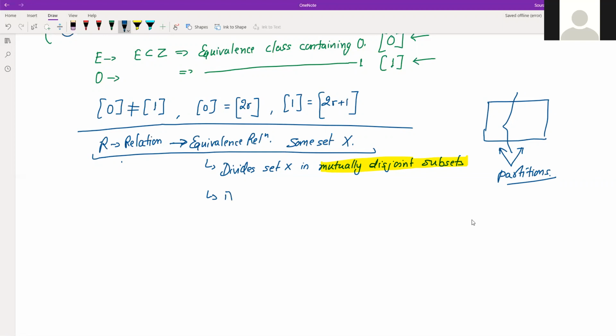First, as we have seen above, all elements in one partition are related to each other.